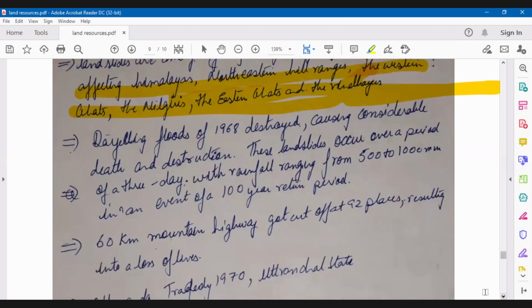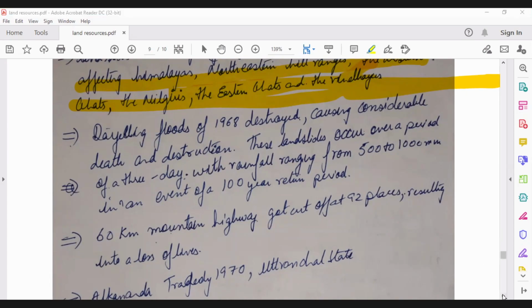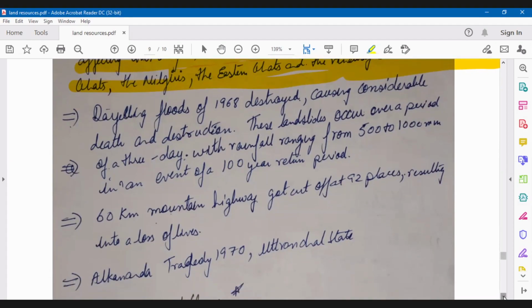When we talk about the Darjeeling floods in 1968, they caused considerable death and destruction. These landslides occurred over a period of 3 days with rainfall ranging from 500 to 1000 mm, in an event of 100 years return period. These landslides are usually recurring, as in the case of Darjeeling.